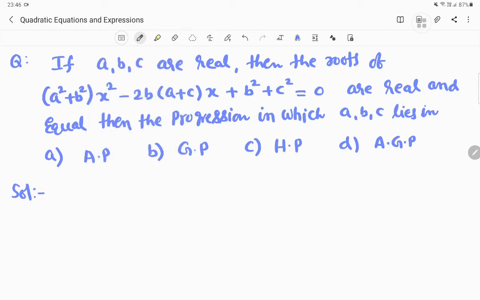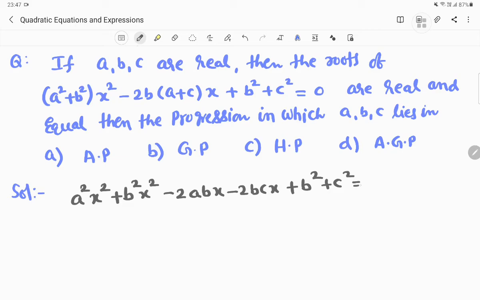So here, what is the given quadratic equation? First write it, and do the actual multiplication also. (a² + b²)x² means a²x² + b²x², minus 2b(a + c)x, so minus 2abx minus 2bcx plus b² + c² equals 0.